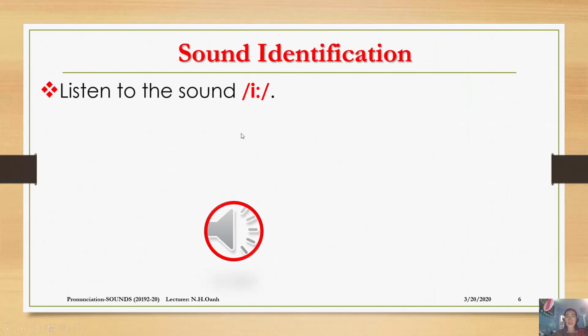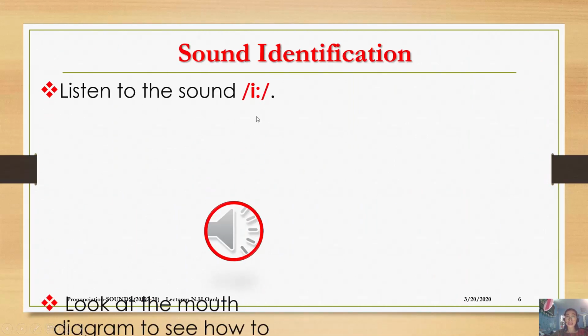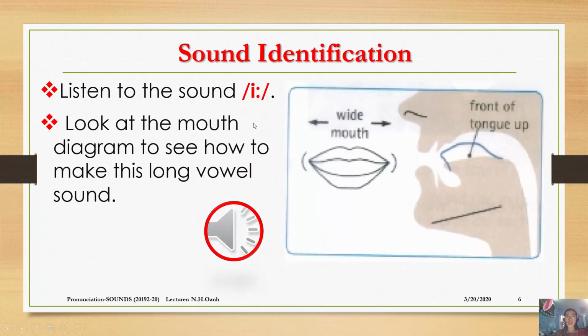Now I want you to listen to the sound E and then look at the mouth diagram to see how we can make this long vowel sound. Now listen. E, E, E. Now you try.